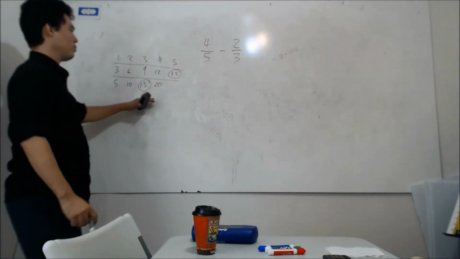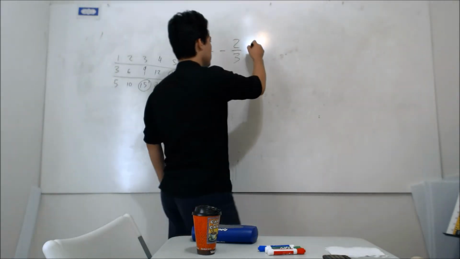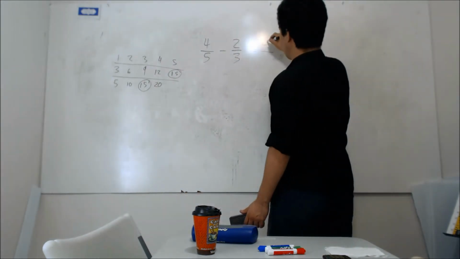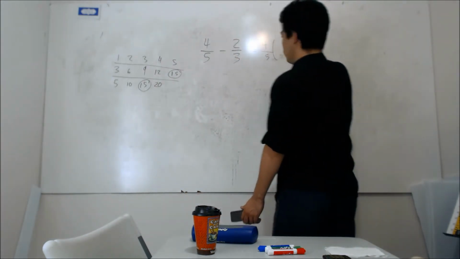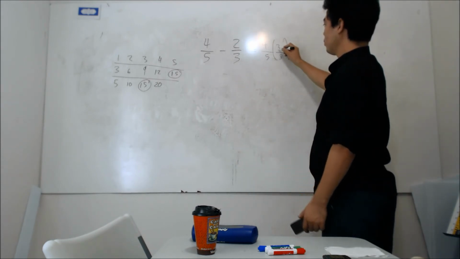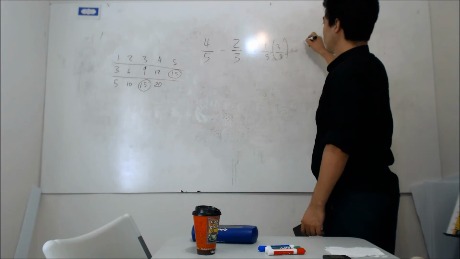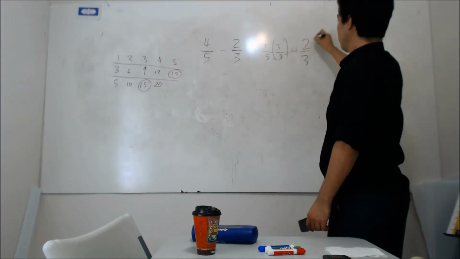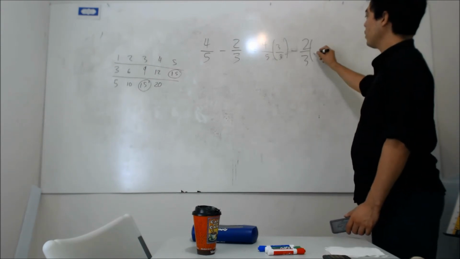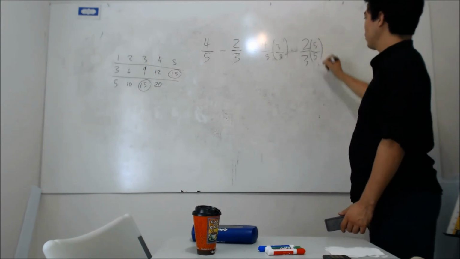The least common multiple. Notice what that is. And what we're doing here, 4/5 times, we want the denominator to be 15, so 5 times 3 gives us 15, so we know that this has to be 3/3, minus 2/3, now we want the denominator to be 15, so we know that this has to be 5, so it's 5/5.